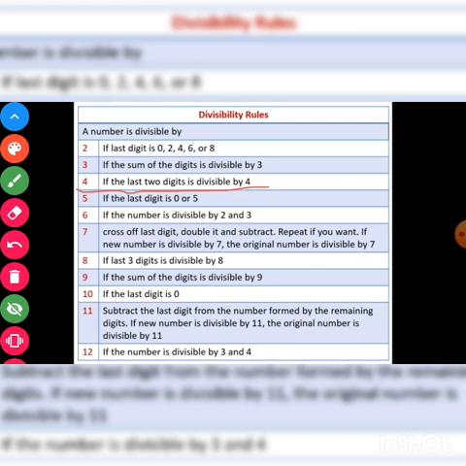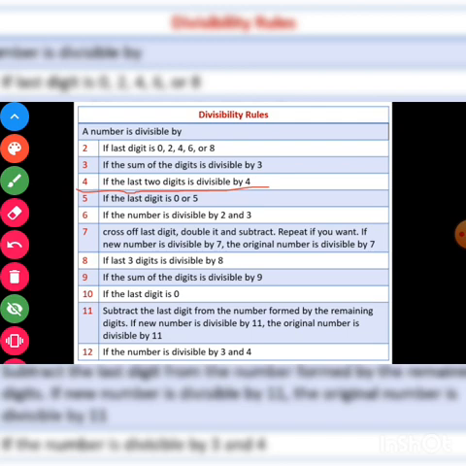Now let us take a number. Suppose we take 24. This number is having only 2 digits, so divide it by 4. 4 sixes are 24. So you can see it is divisible by 4. So the number 24 is divisible by 4.